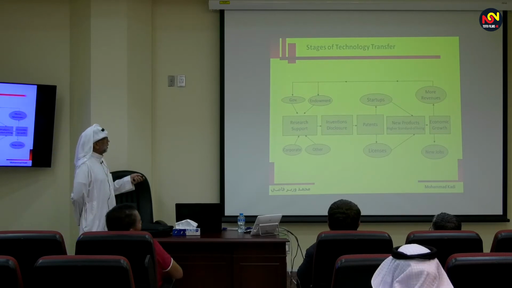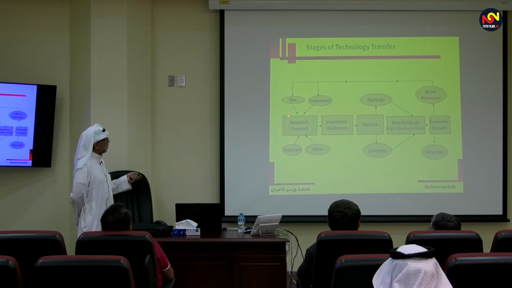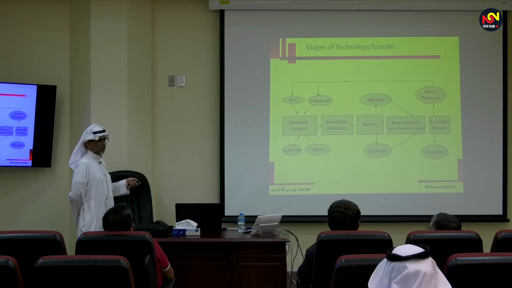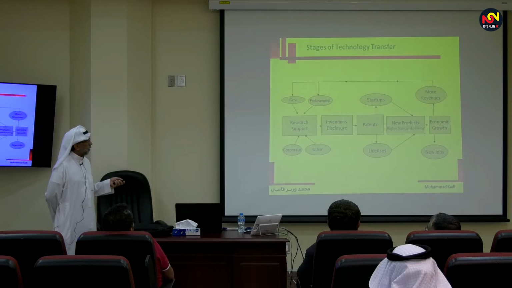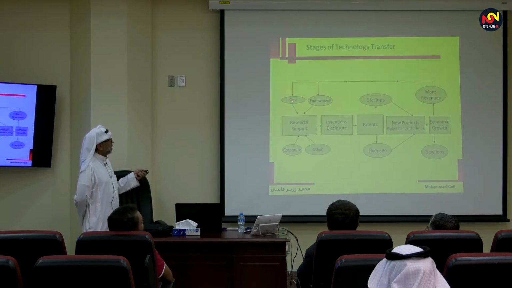We usually used to get support for our research, even in a traditional way, from government funding, endowment, corporate funding, and personal or anything else. In our structure here in KAU, we usually get our funding mostly from the government.